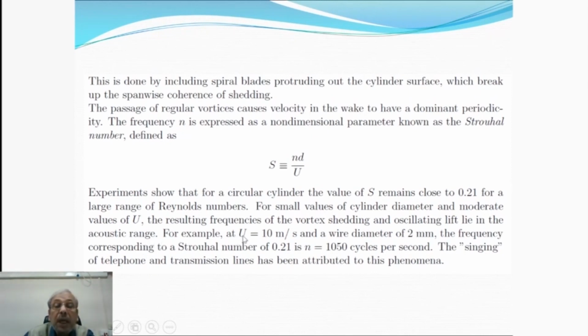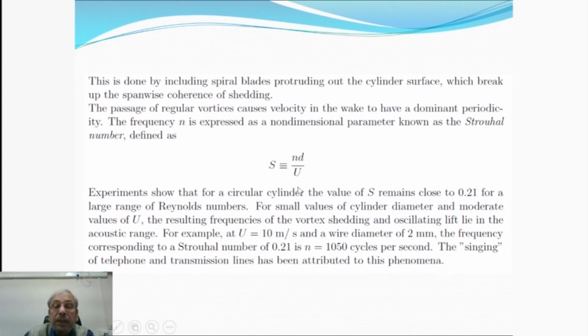For example, U equal to 10 meter per second and a wire diameter of 2 millimeter, the frequency corresponding to a Strouhal number of 0.21 is n equal to 1050 cycles per second. The singing of telephone and transmission lines has been attributed to this phenomenon.